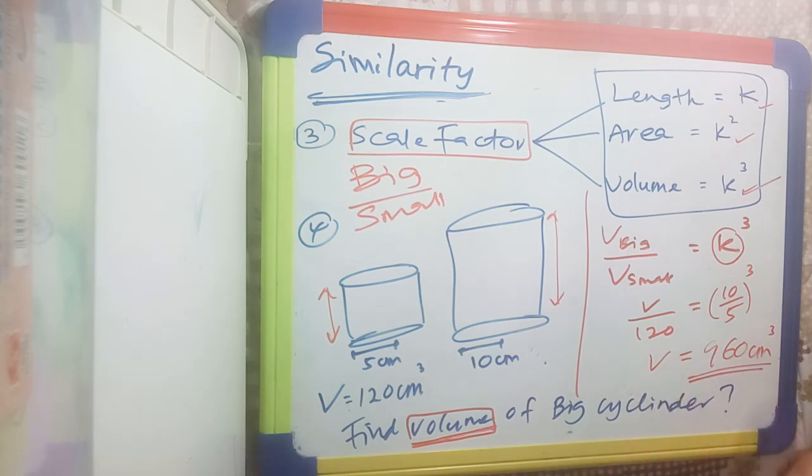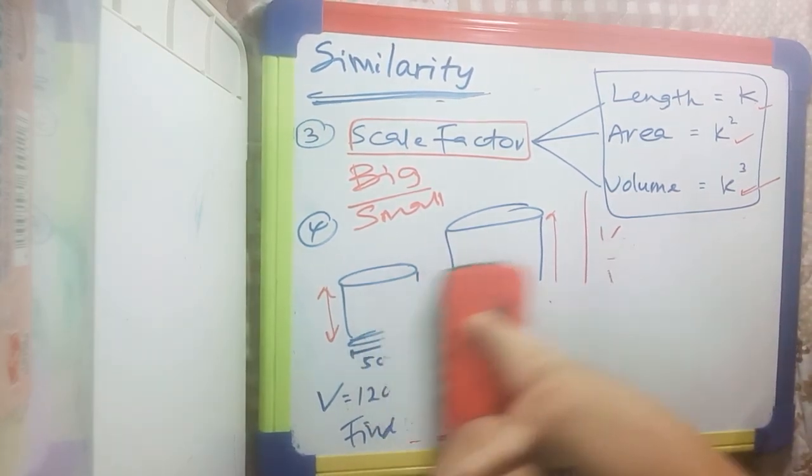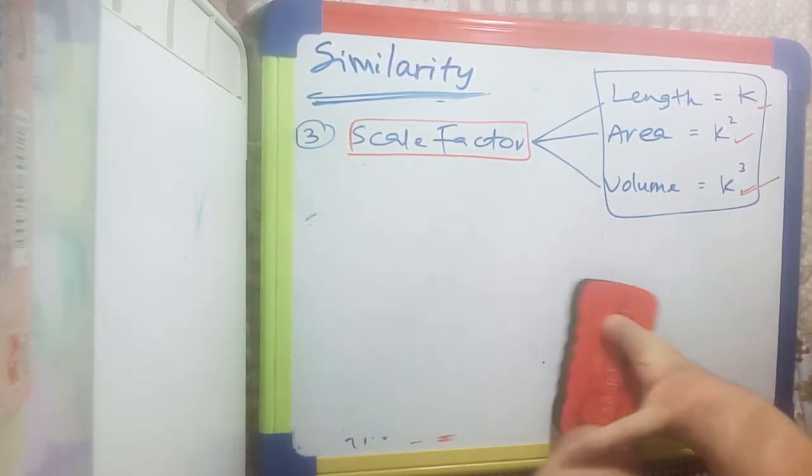Even they also can ask you to find the area. This is an example of the volume. Okay, what if they are asking about the area? So I will keep the scale factor thing over there.